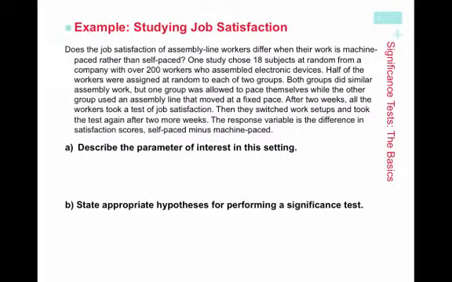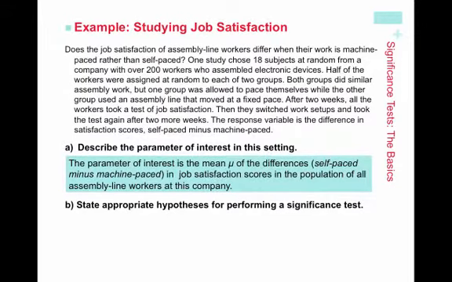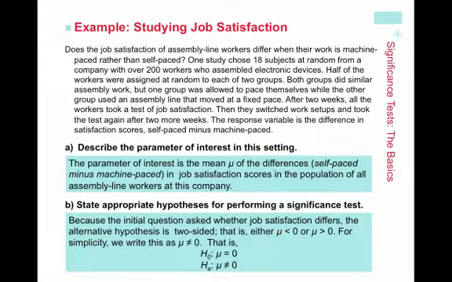All right, so what's going on here? The parameter of interest is the mean, mu, of the differences in job satisfaction scores. The appropriate hypotheses would be the null hypothesis is mu equals 0.